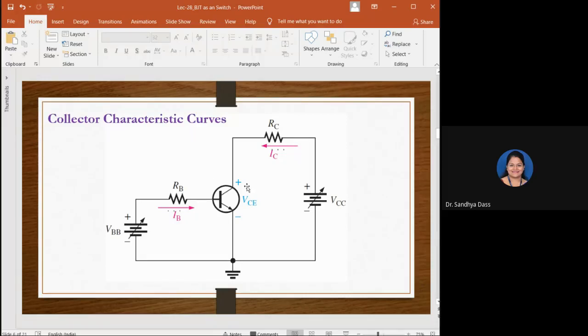I'll repeat. If you are plotting a graph of collector current, which is your output current, with respect to VCE, which is your output voltage, for a particular value of base current, then the graph or the characteristic curve would be the output characteristic or the collector characteristic.